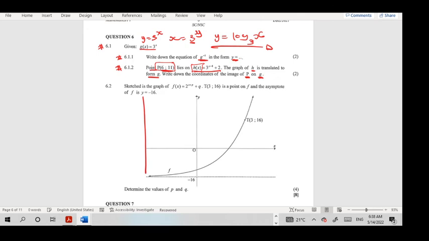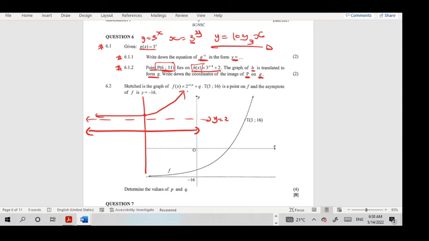So this is what happens. If I were to draw these two graphs here, the graph of H of x would look something like this. It has an asymptote, which is our horizontal asymptote, y equals 2, and it's going to be passing at a certain point here, moving in that direction, going up.